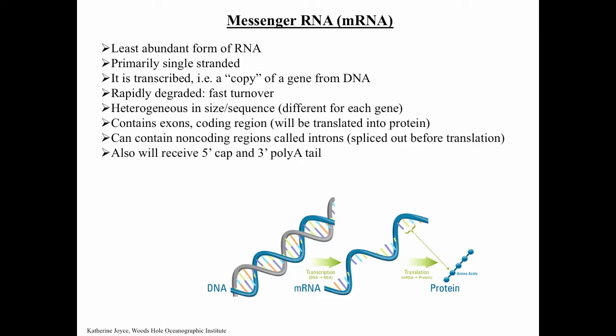They will also receive what's called a 5' cap as well as a 3' poly A tail. This is really important for stabilizing the messenger RNA product and important for regulating translation and splicing. And then it has codons, where in the coding region each three-base sequence specifies an amino acid, and thereby the amino acid sequence of proteins.